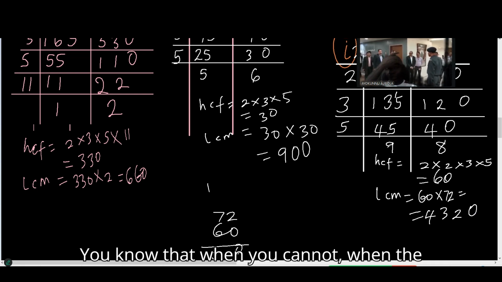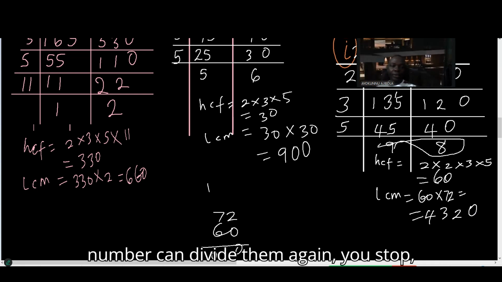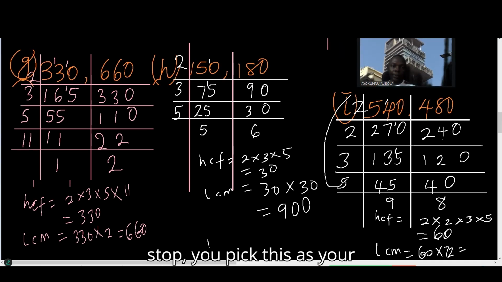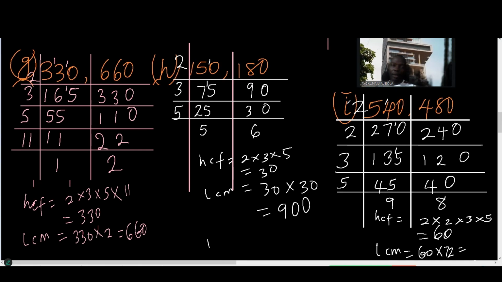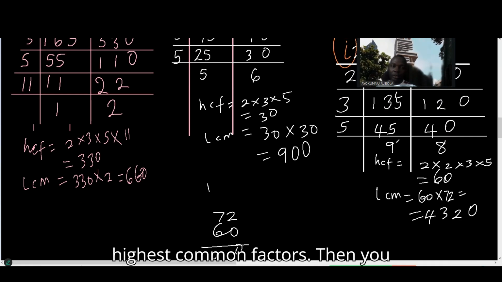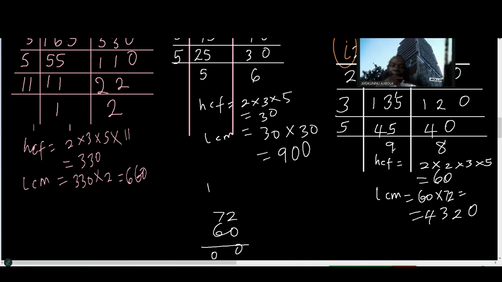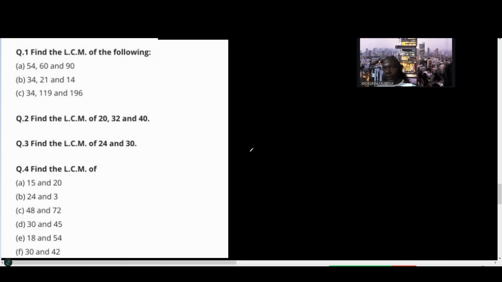You know that when no number can divide them again, you stop, right? And the moment you stop, you pick this as your highest common factor. Then you join this, multiply as LCM.